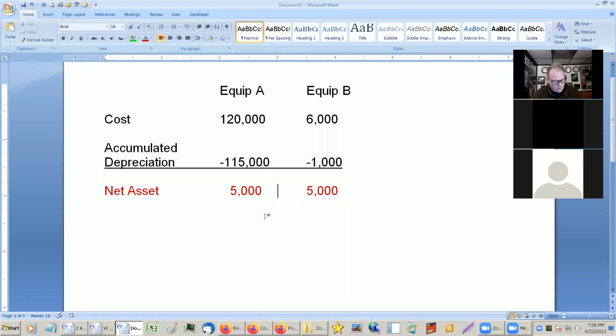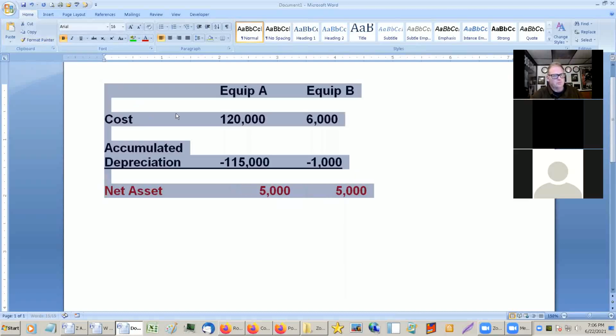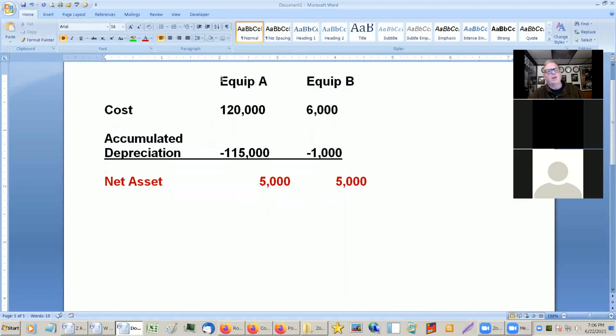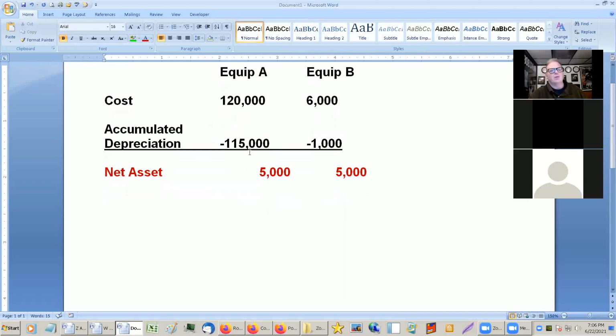Right? Okay, so you have two of them, equipment A and equipment B, and they're both worth $5,000.